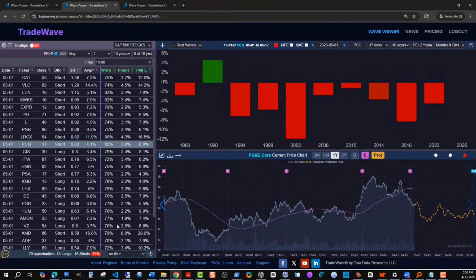What's so fascinating, if you look at the bottom, is that it found 29 opportunities that fit the criteria. 13 of them were long, but 16 were short, and out of the first 10, 9 of them were short.